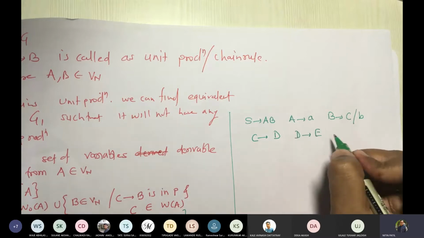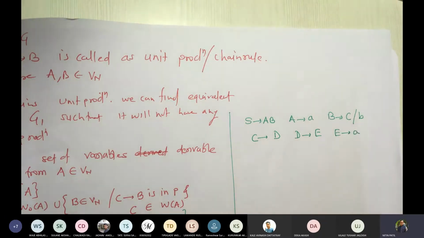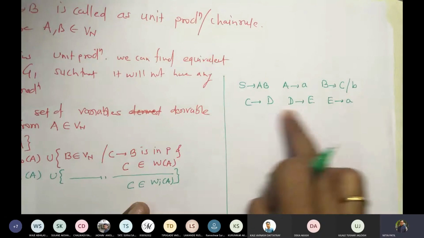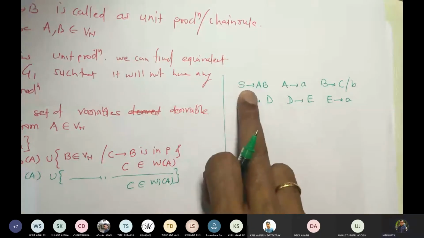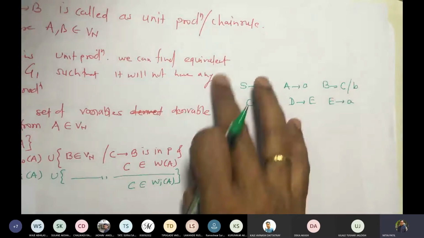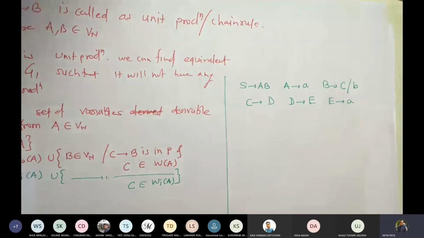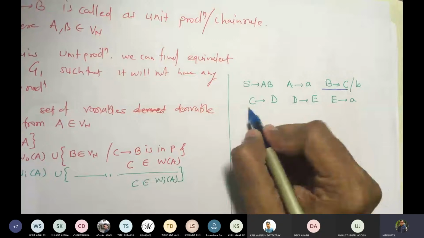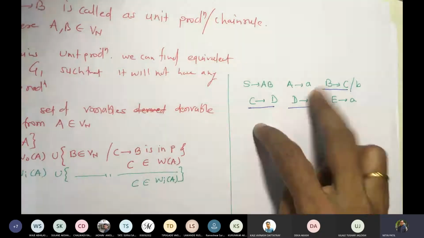Let us add one more chain rule, E, and E gives A. Now, suppose this is the production set given to us, where variables are S, A, B, C, D, E, and terminals are a, b. Is there any chain rule involved? Yes. The chain rule is B gives C, C gives D, D gives A. So we want to remove this thing.